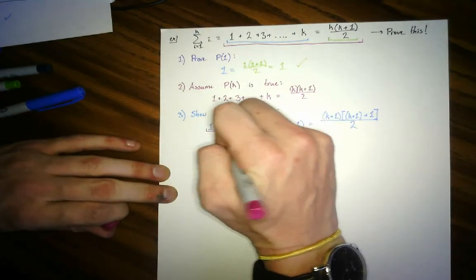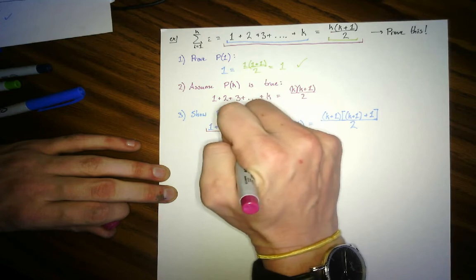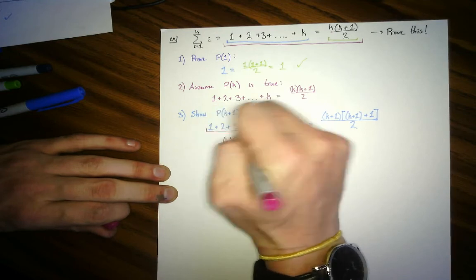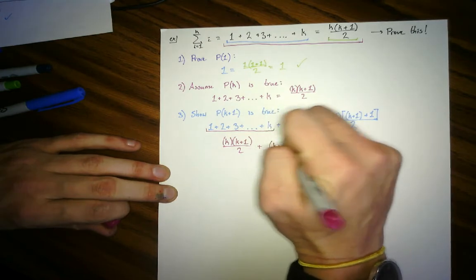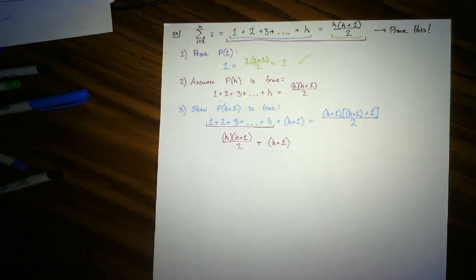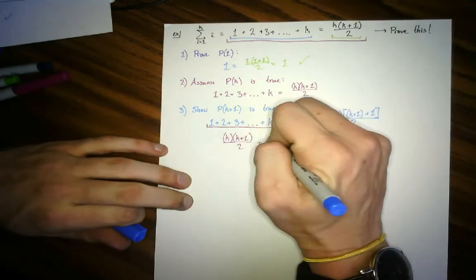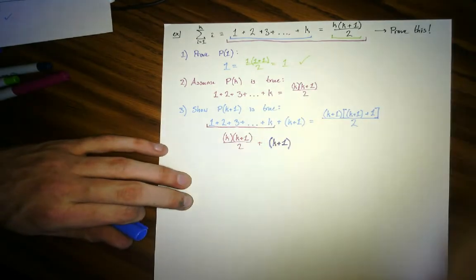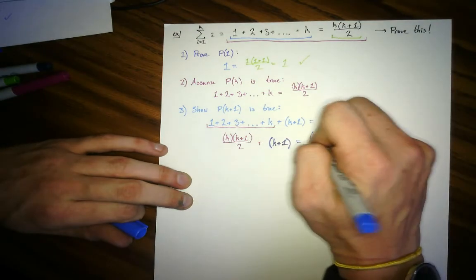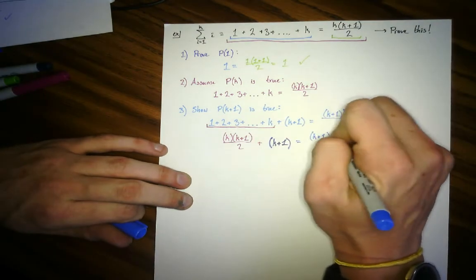So that's what I'm going to do. K times k plus 1 over 2 plus k plus 1 from right there is going to be equal to this value right here. I'm going to highlight this in blue so we know what's what.